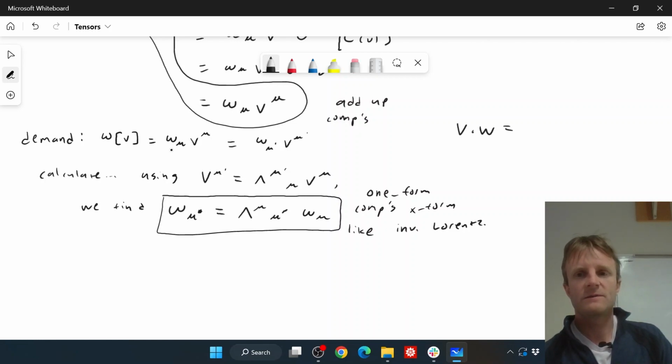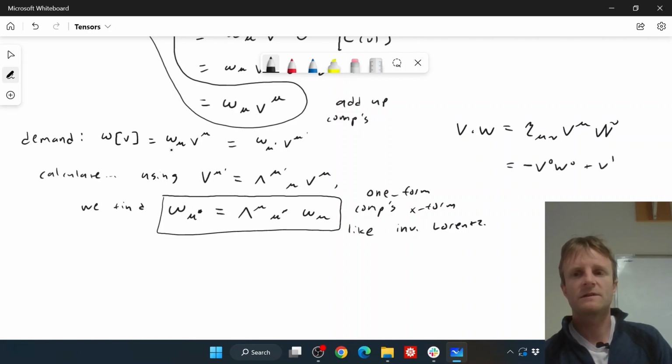V dot W is the metric, eta mu nu, V mu, W nu, which is minus V0 W0 plus V1 W1. So it functions in a very similar manner.